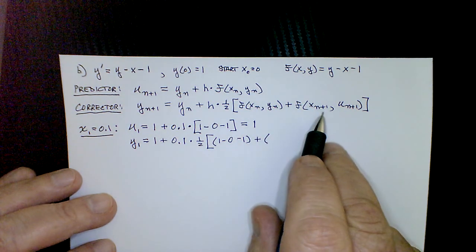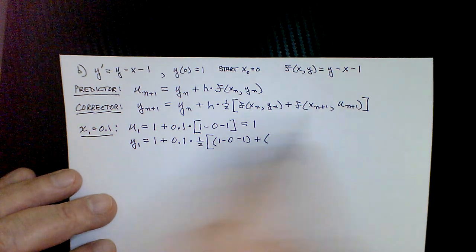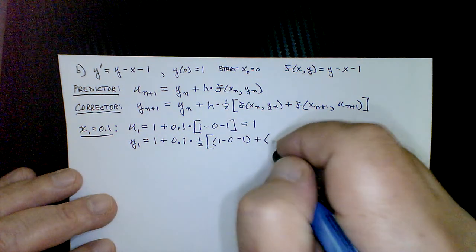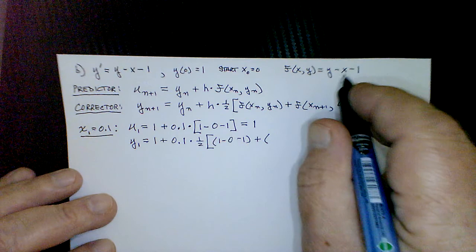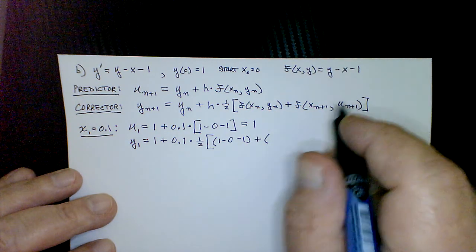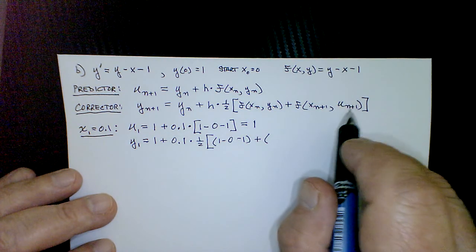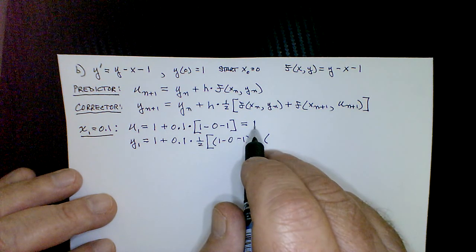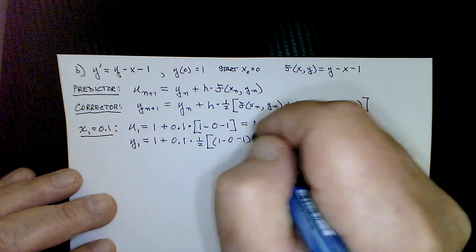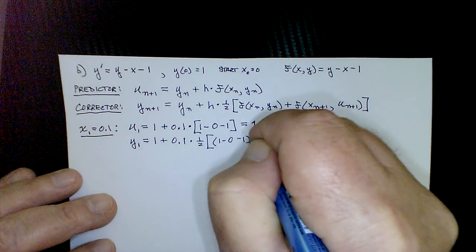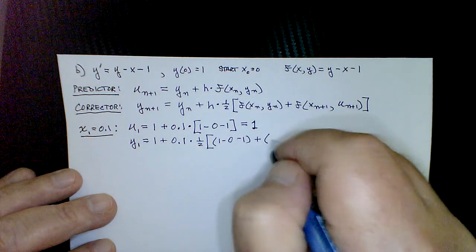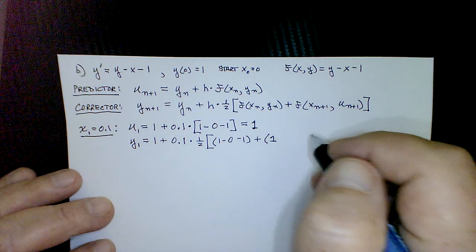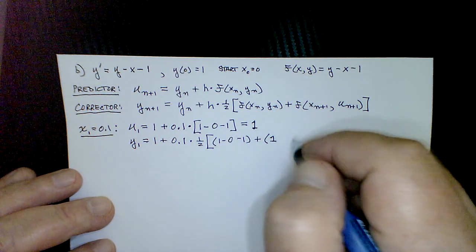Now, make sure you understand this concept. X sub n plus 1, that's the new x value, so where we step to. So that value of x is 0.1. The y value is going to be replaced by u sub n plus 1. So that was the previous u value. So if you want to make sure you distinguish that y, it's the 1, I'll put a little hat on it, or whatever you want to call it.